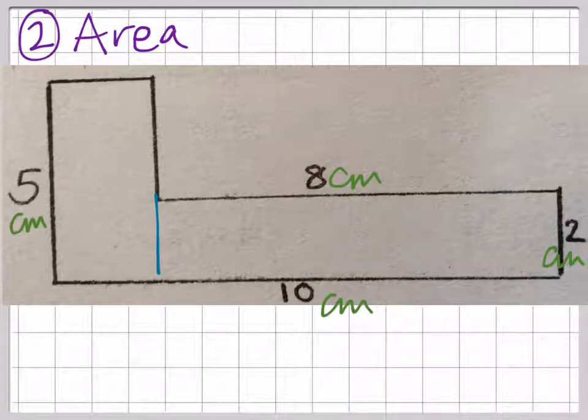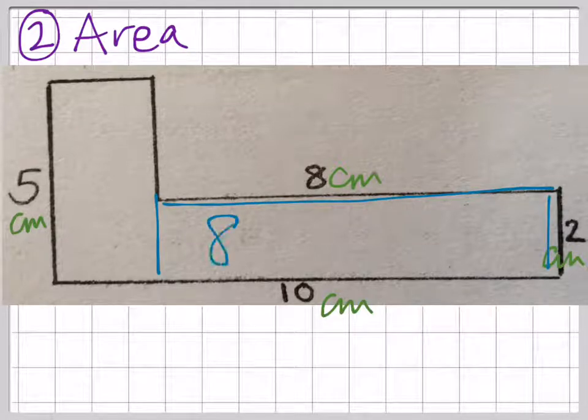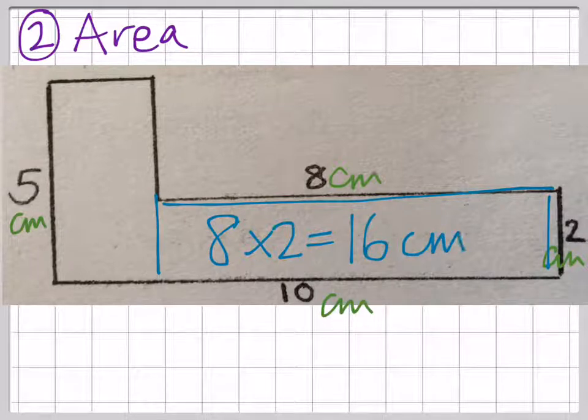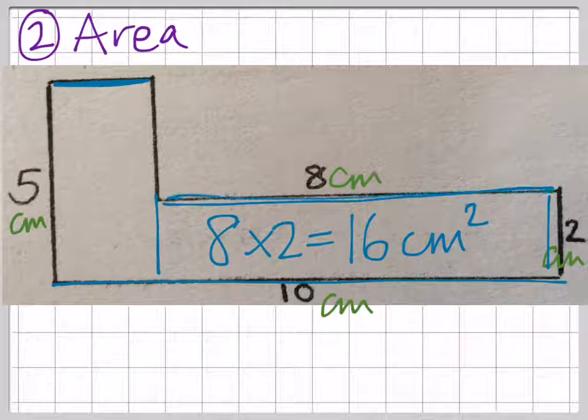Now the rectangle on the right hand side is really easy to work out because we know it's 8 long and 2 wide. So we can say the area is 8 times 2, which is 16 centimetres squared. The one on the left is slightly harder because we have a missing dimension, though we can say if this is 10 and that is 8, the missing part must be 2 centimetres.